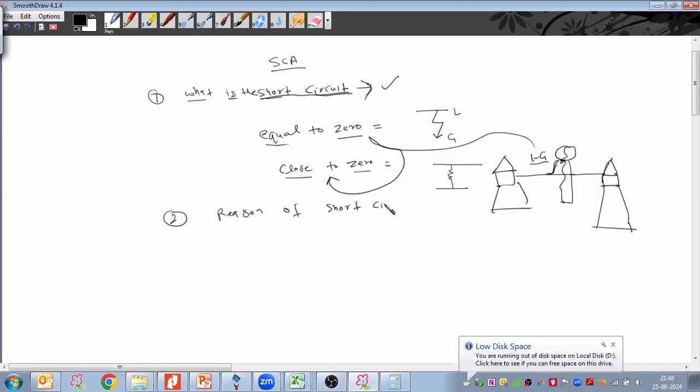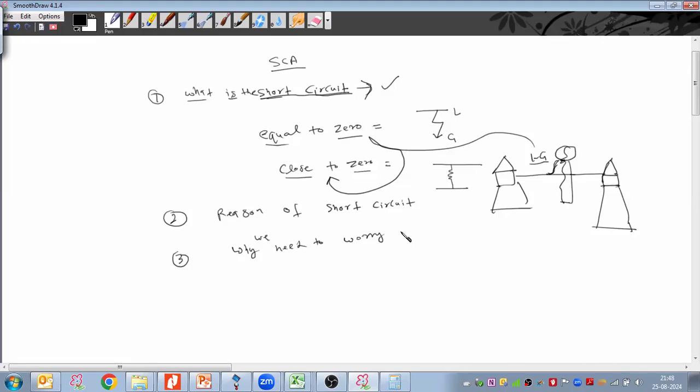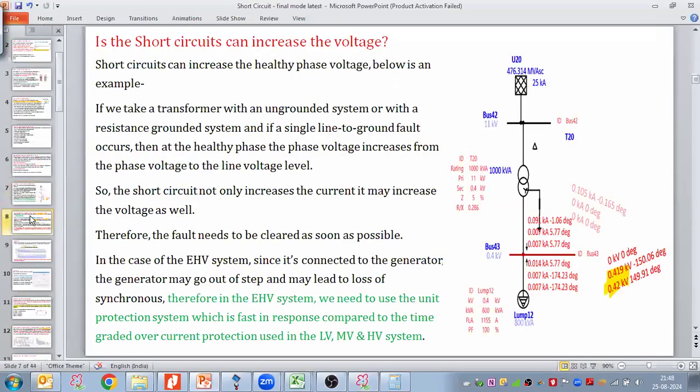Then we discussed why we need to worry about the short circuit, right? And then we discussed whether short circuit may lead to over voltage as well. So the reply is yes. And we have discussed one example as well, right?